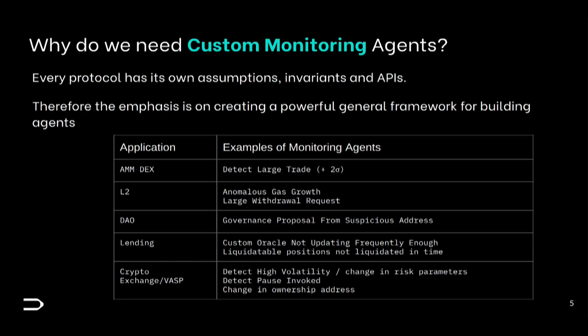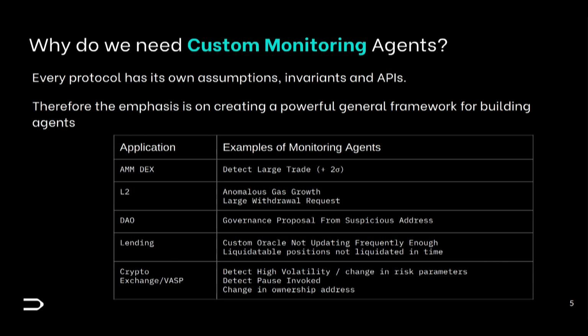When we set out to build monitoring, we talked to a number of projects, and we got a little bit confused at the beginning because every project had their own different requirements, and then eventually we understood why. I'll give you a few examples. Let's say you are working on a decentralized exchange, and each decentralized exchange has its own API.